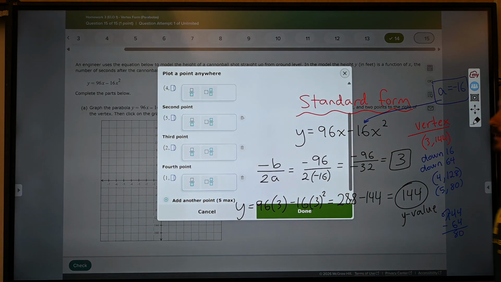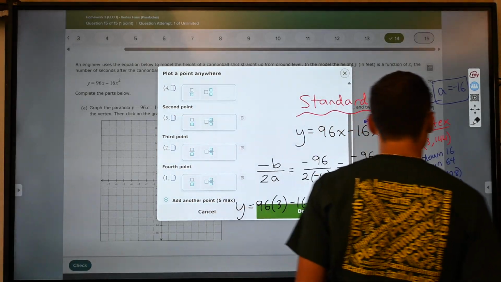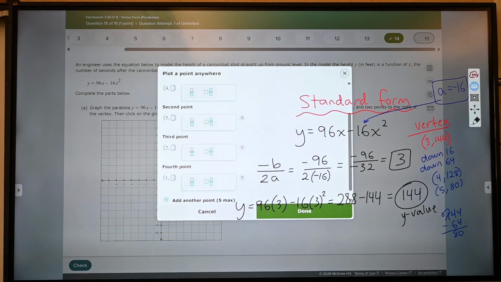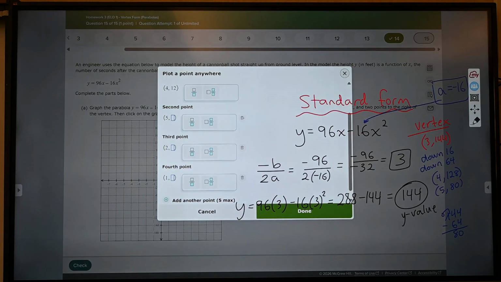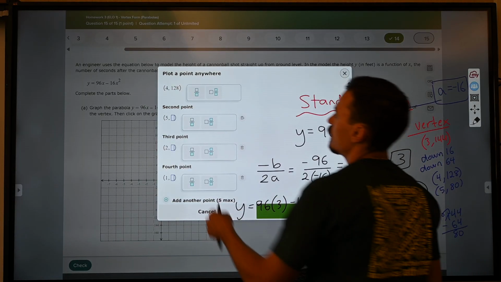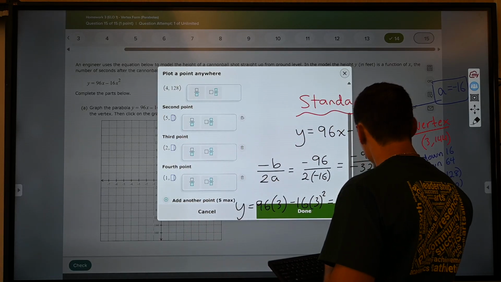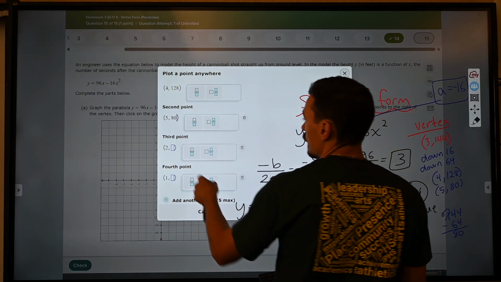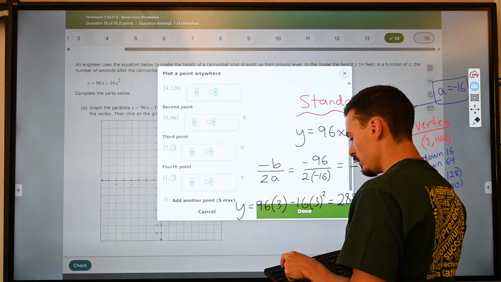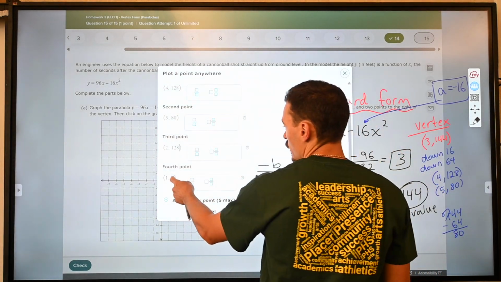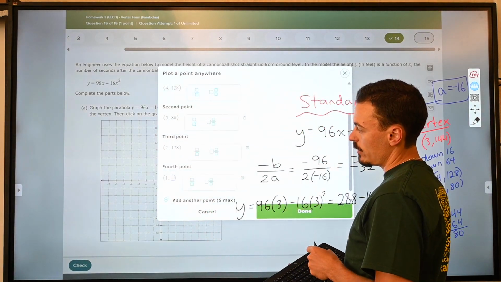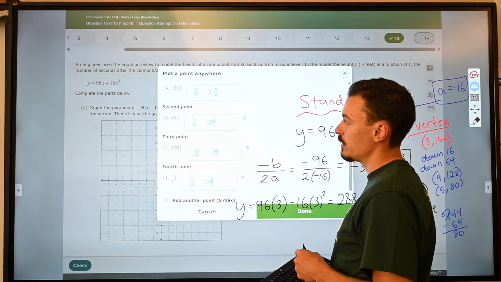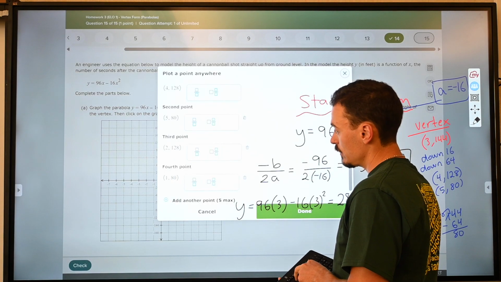So this 4 right here will be 128. This 5 right here will be 80. This 2 will be 128 because they are symmetrical with each other, because they are on either side of the 3, which is our vertex.